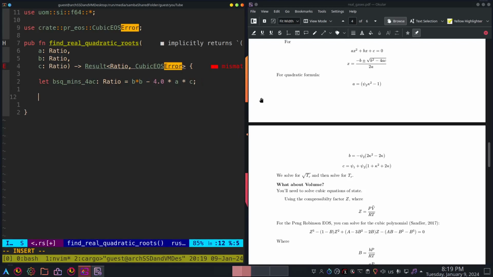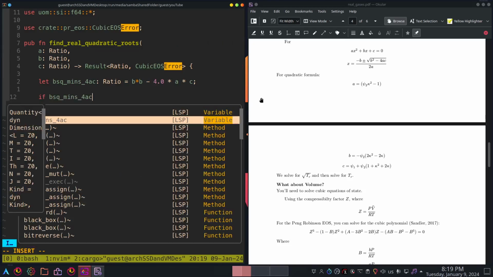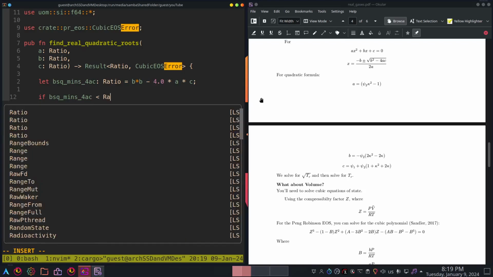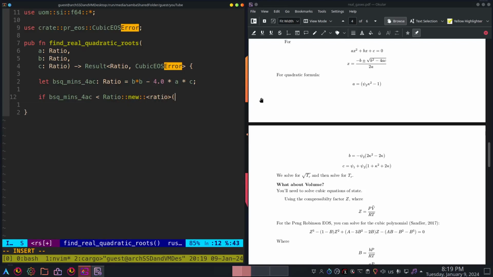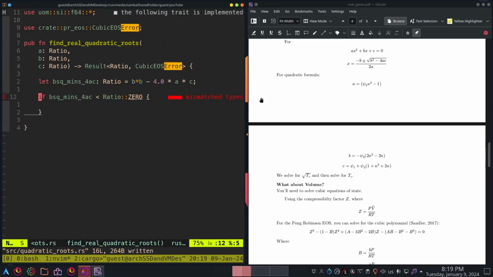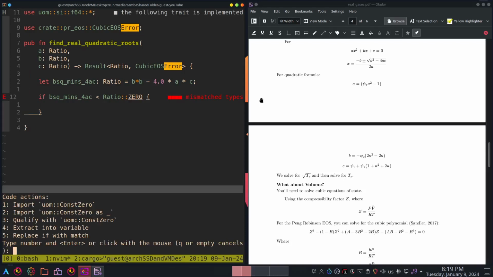So b squared minus 4ac. So if this thing is less than 0, new ratio 0, then I'll execute some line of code. Let me import this.